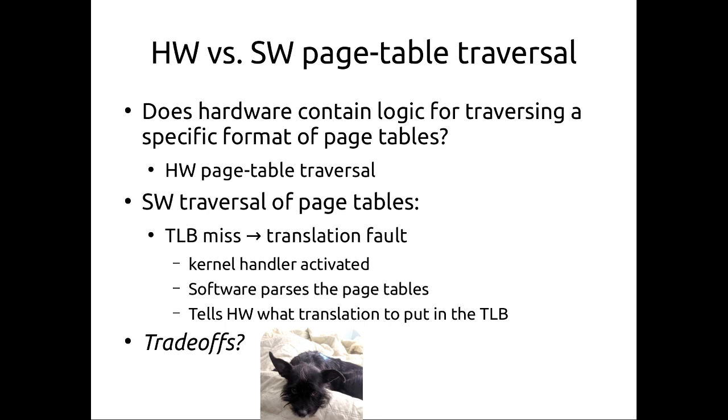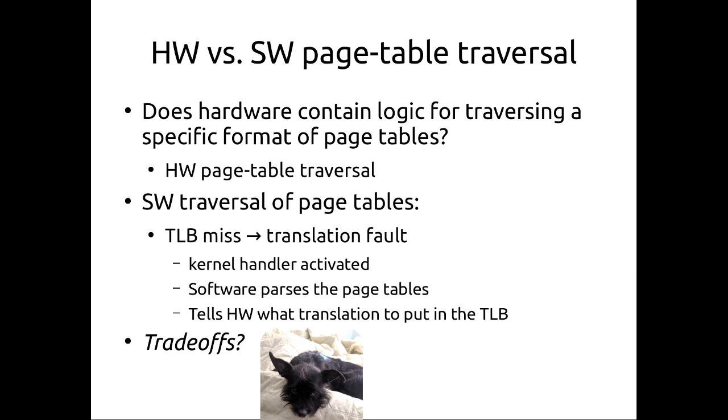We talked about a page table as a big array. Does the hardware contain the logic to look up the corresponding entry in that array? As we learn that page tables get more complicated, does the hardware include the logic for traversing that? Therefore, we don't need to actually execute any software for doing those page table lookups. And that's the big polarizing question here.